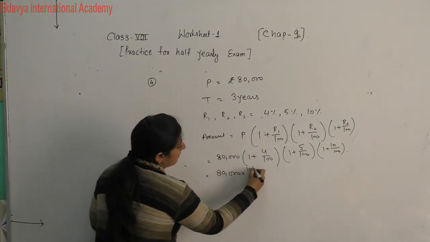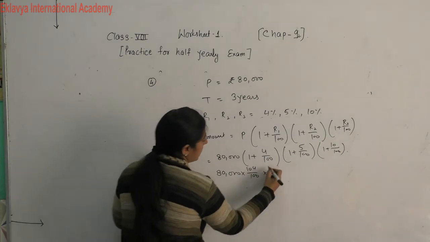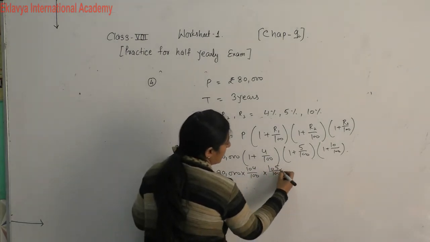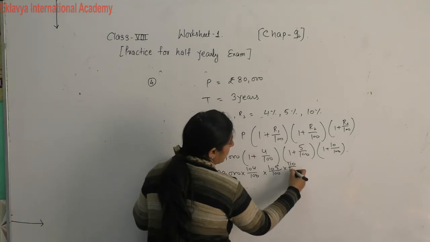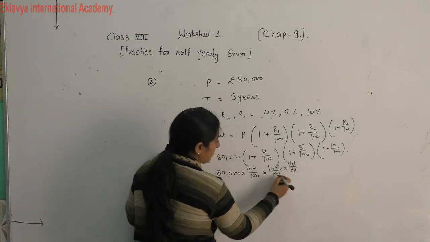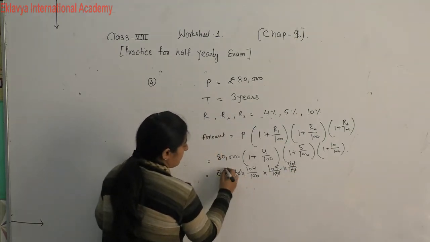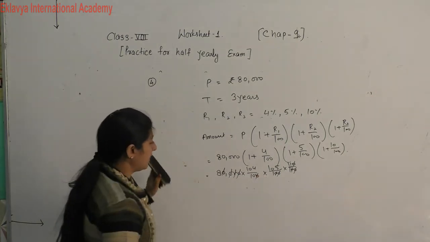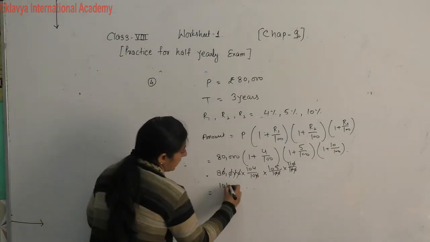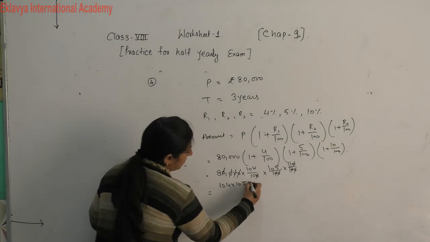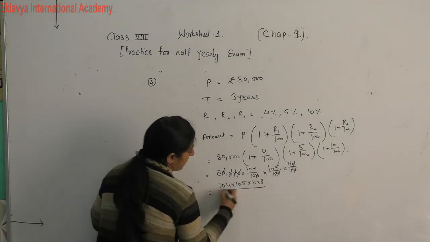80,000 multiply 104 upon 100, 105 upon 100, 110 upon 100. Then you will get 104 into 105 into 11 into 8 divided by 10.